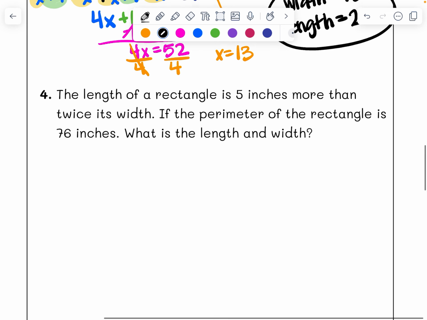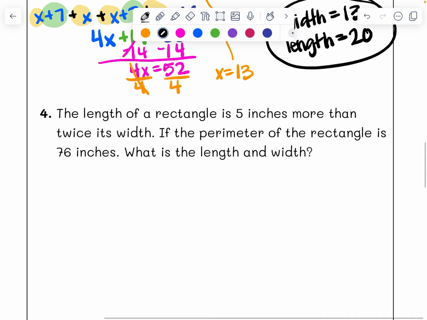Okay, number 4, the length of a rectangle is 5 inches more than twice its width. If the perimeter of the rectangle is 76 inches, what is the length and width? So again, let's write our let statements. Let x, we need to figure out what x will be. So if I know that the length is 5 more than twice the width, I have to know the width first. So width is going to be my x.